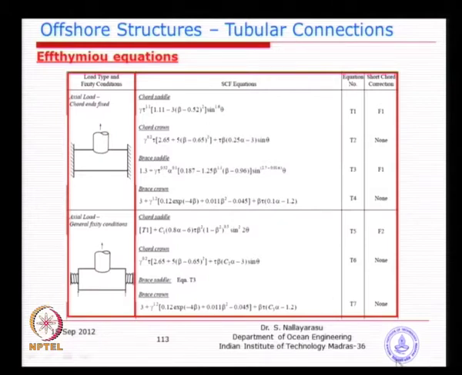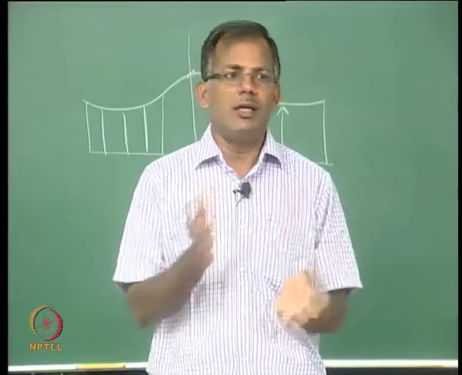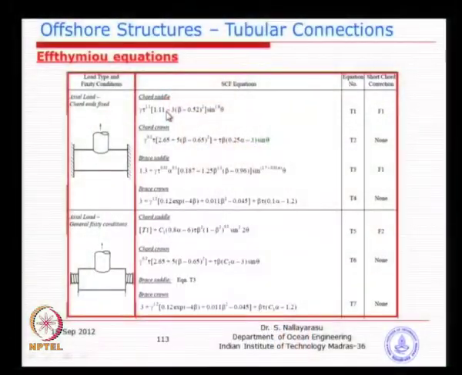On the right hand side, you see here the short chord correction factor, and the equation number is given just to identify it: T1, T joint first equation. Just on the right hand side you see the correction factor F1, which we discussed yesterday. You calculate the stress concentration factor from this equation and multiply it by this F1.